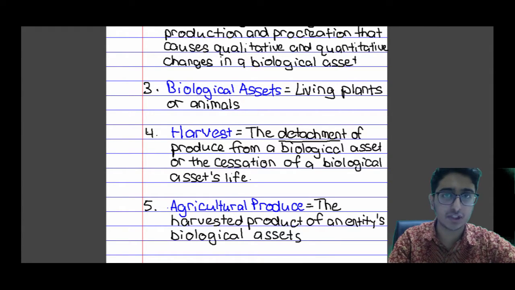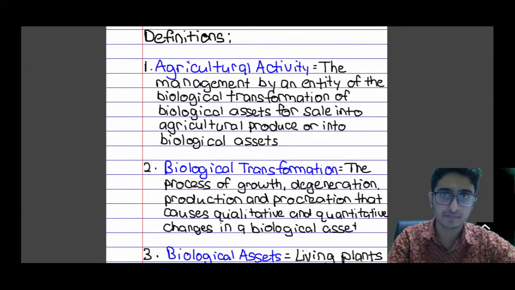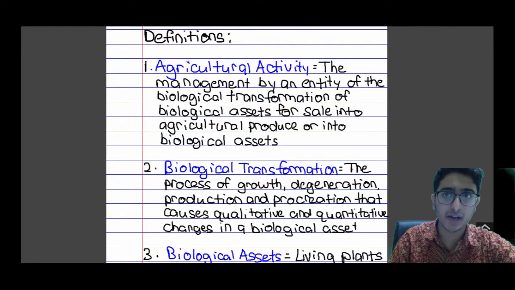Okay, these definitions are very important, so let's go through them once again. Agricultural activity is the management by an entity of the biological transformation. Remember, biological transformation talks about the processes of biological assets, such as plants and animals, for sale into agricultural produce or into biological assets.